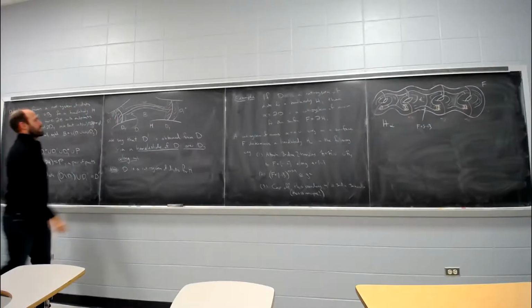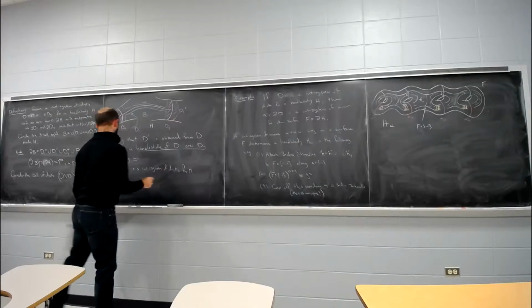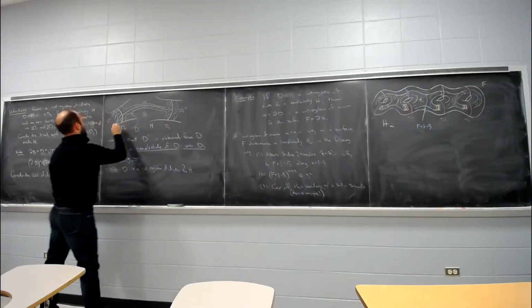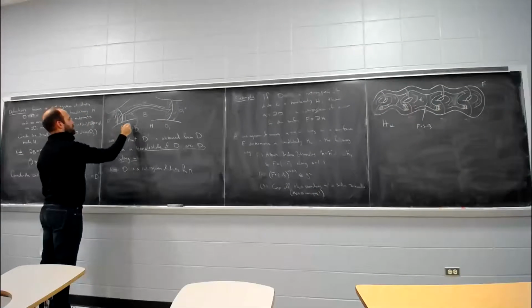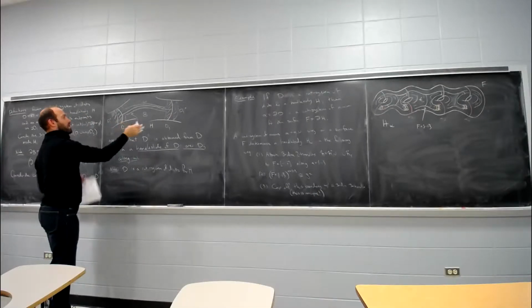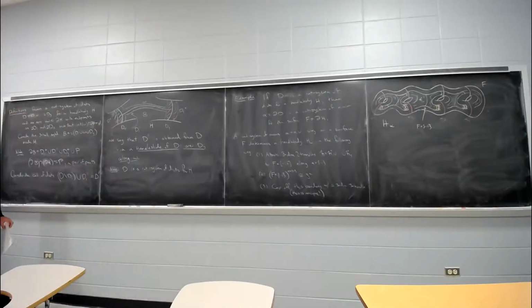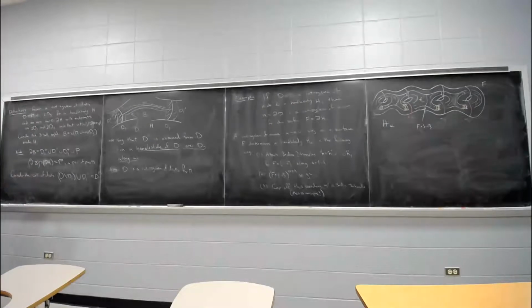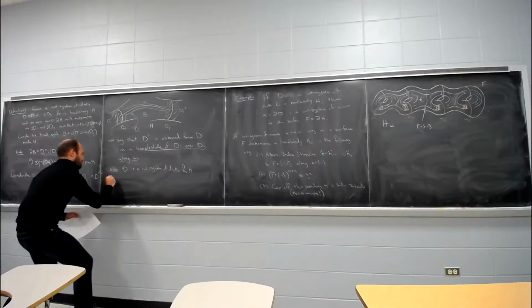Oh yeah, I guess that's the best way to think about it. Maybe I'll say that. Once you surger along DJ, then DI prime and DI are parallel inside the resulting handlebody.